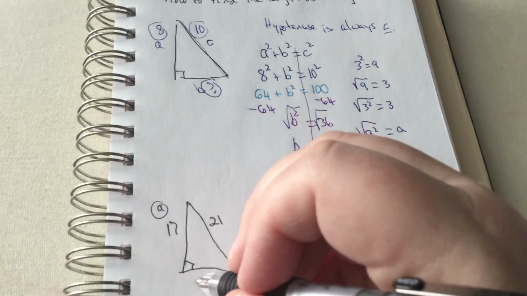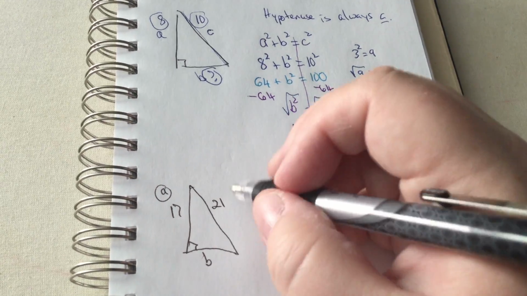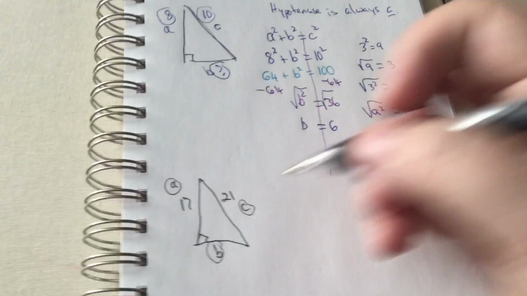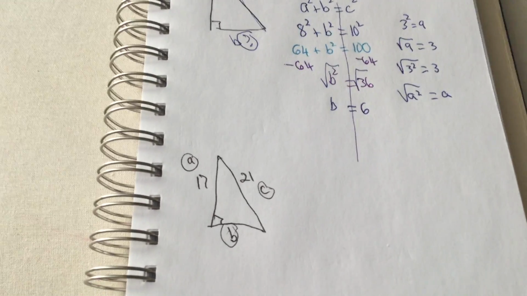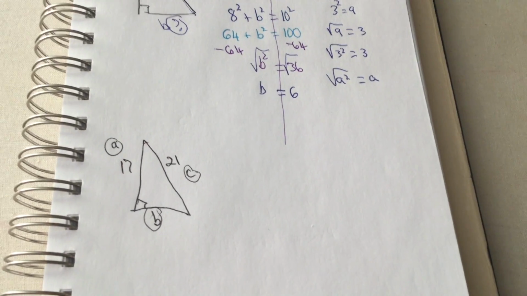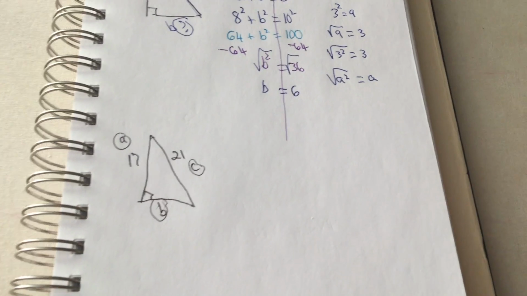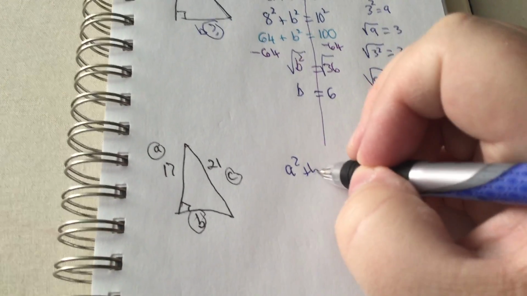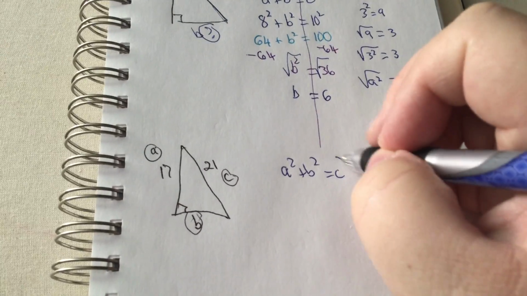A. B will be the thing that we don't know again. And C, the hypotenuse is always C. I'll be saying that forever. Okay, and that's the worst triangle I have ever drawn. I apologize wholeheartedly.